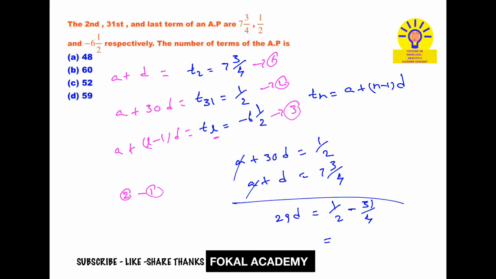It is nothing but 29D is equal to minus 29 by 4. From this we get the common difference D is equal to, 29 cancels, minus 1 by 4. So the common difference is minus 1 by 4. Let's substitute the common difference in either equation 1 or 2 to get the A value. Let's substitute here in 1.